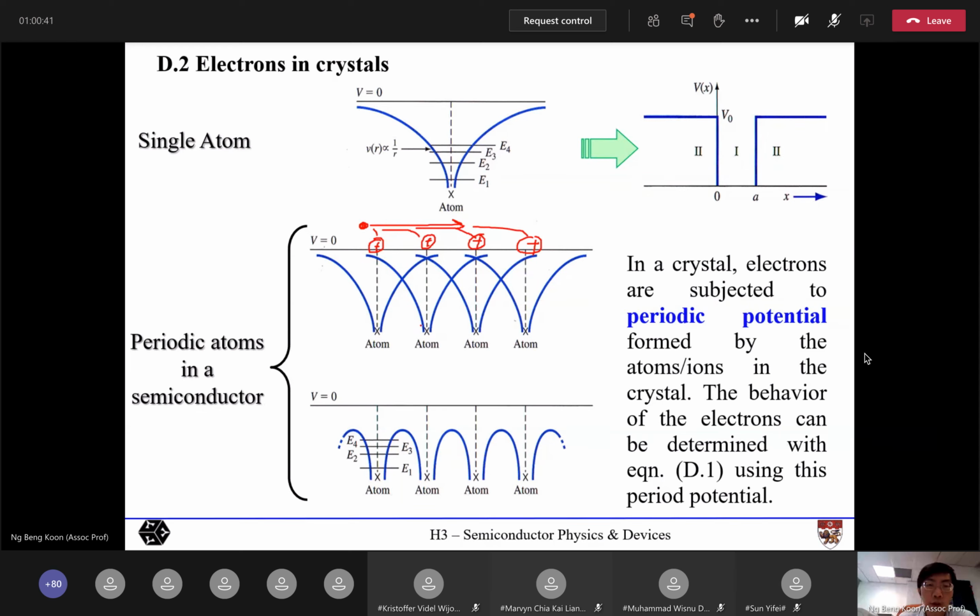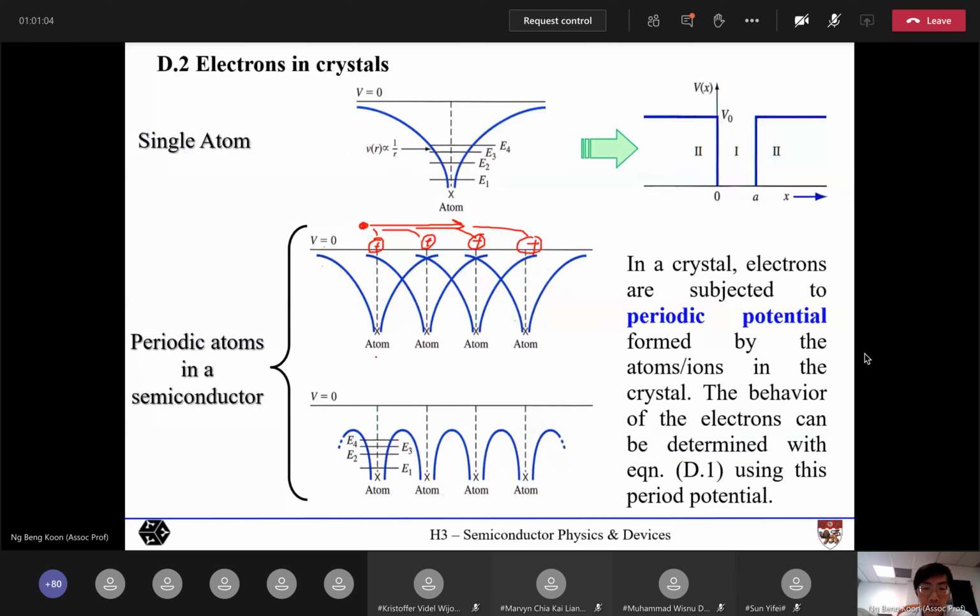And we know that for each nucleus, the relation is 1 over r. So at the respective position, you will get this 1 over r relation. But of course, it's in an environment where the nuclei are arranged in a periodic manner.